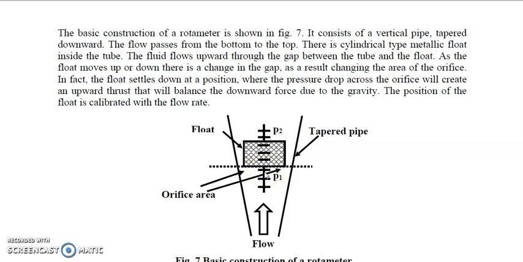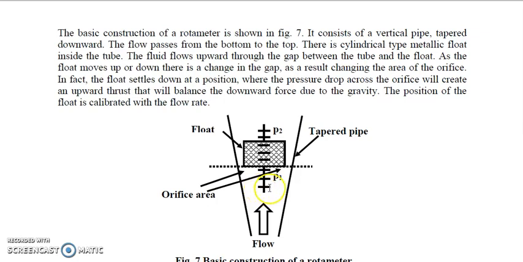The position of the float is calibrated with the flow rate. Here the float has one indicator. See here, this is the vertical line we are able to watch, and these are equally distributed horizontal lines.